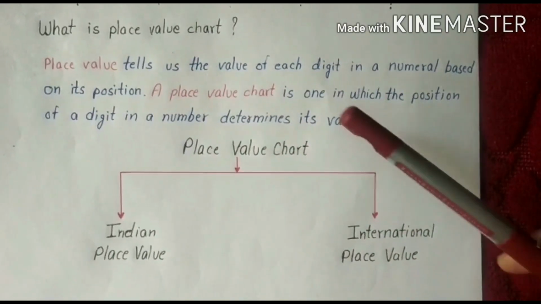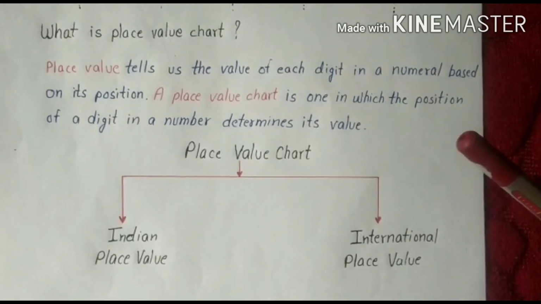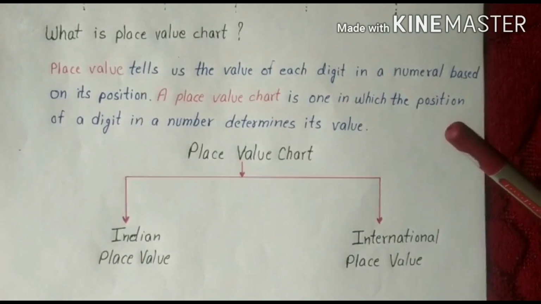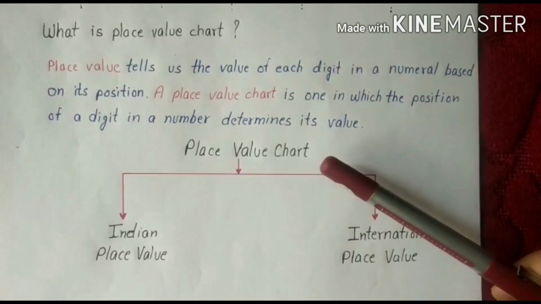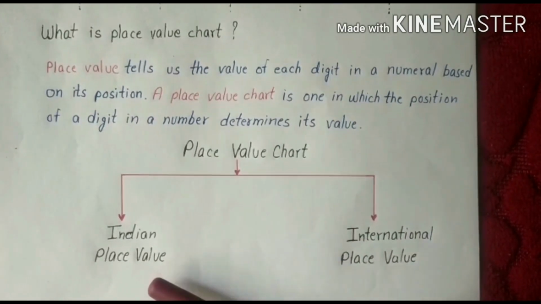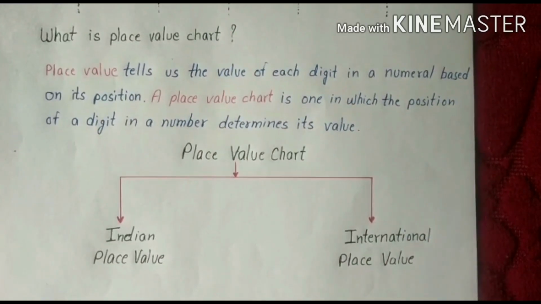Students, it means the place value chart helps us break large numbers using commas to avoid confusion while reading and writing. Basically, the place value chart is divided into two parts. First, the Indian place value system, and second, the international place value system.